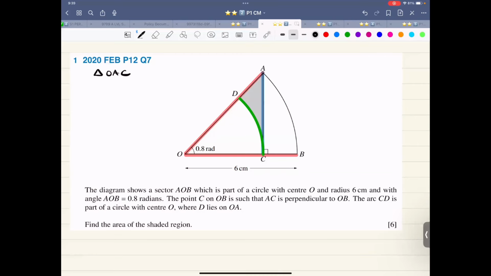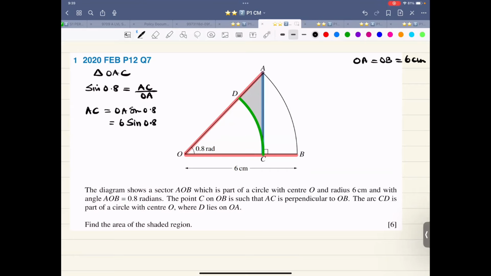So this is 6 centimeters, sine of 0.8 radians, that is AC divided by OA. Now we know that OA is equal to OB, equal to 6 centimeters. Therefore, AC is OA sine 0.8, that is 6 sine 0.8. I'm not using a calculator at the moment.